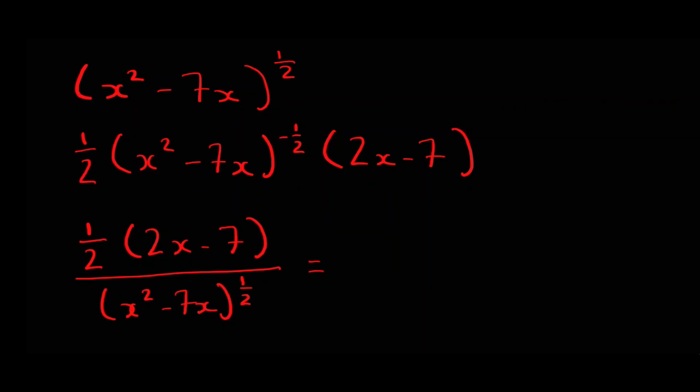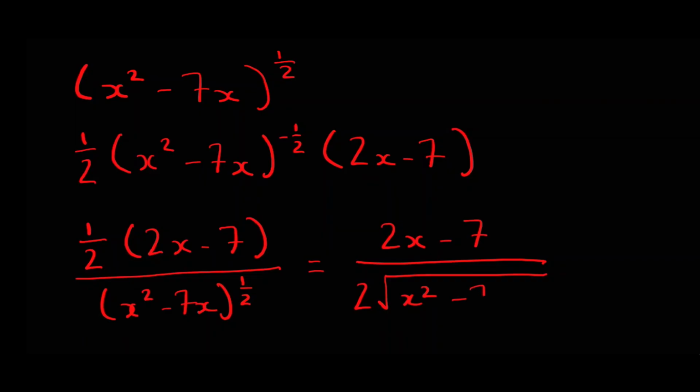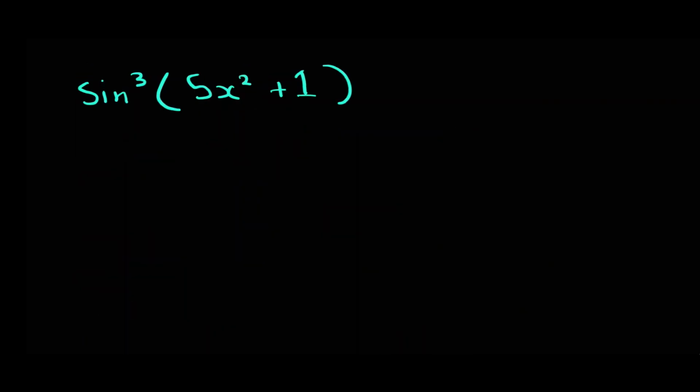So that equals 2x minus 7 over 2 root x squared minus 7x. So that's the answer.